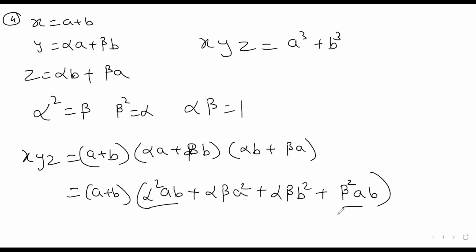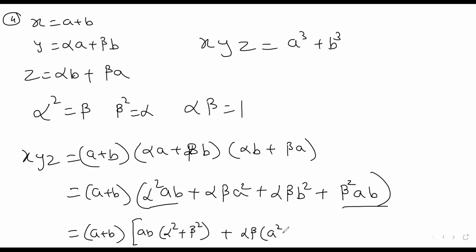Now from this and this, I'll take ab common, and a plus b as it is. It is alpha square plus beta square, plus alpha beta common, a square plus b square.